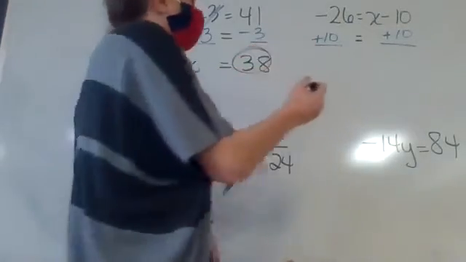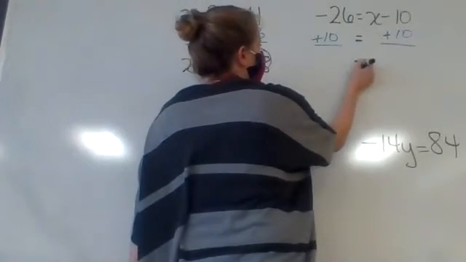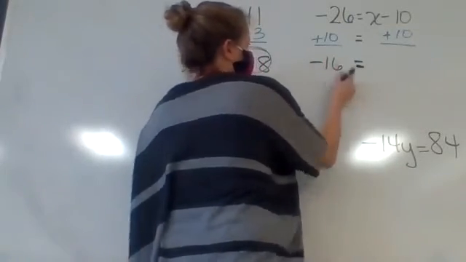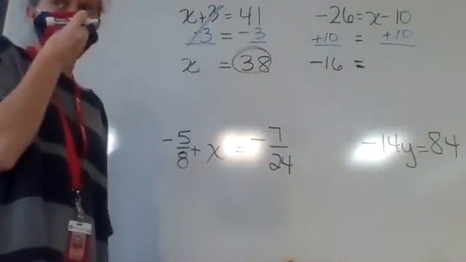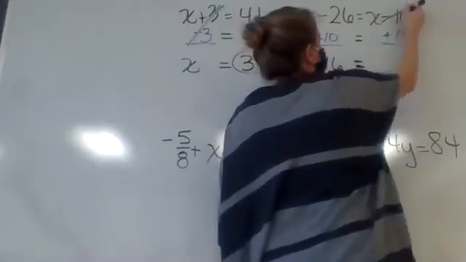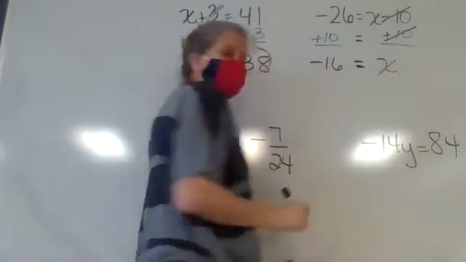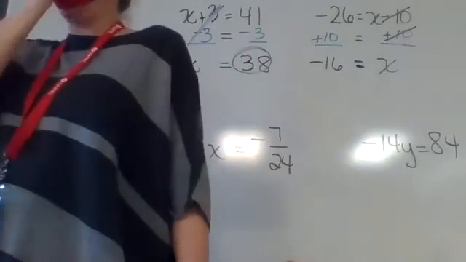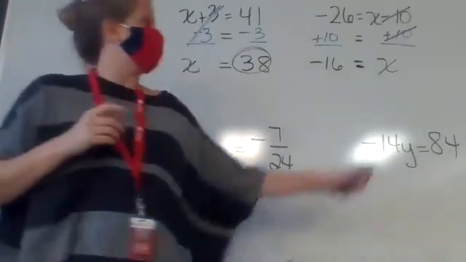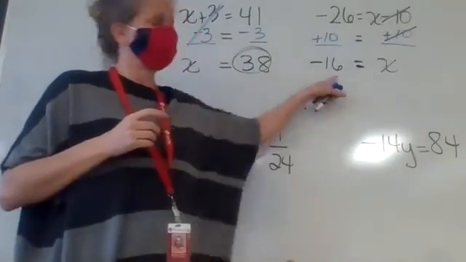Negative 26 plus 10 gives you what? Negative 16. Good. Now, this minus 10 plus 10 goes away. So what's the only thing left over here on the right? X. That means you're done. The other side of the equal sign is your answer. So what does X equal?